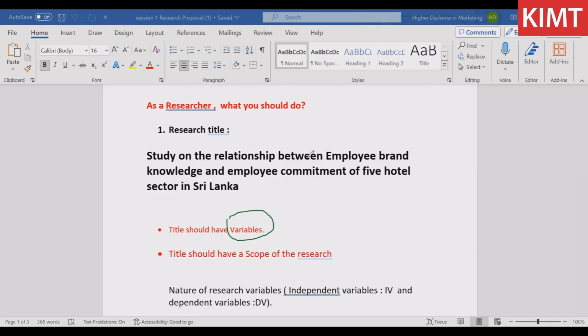If you look at this one, the relationship between employee brand knowledge is one variable, and employee commitment is another variable. So make sure your title carries at least two variables. I think you understood that, right? Yes. Okay.